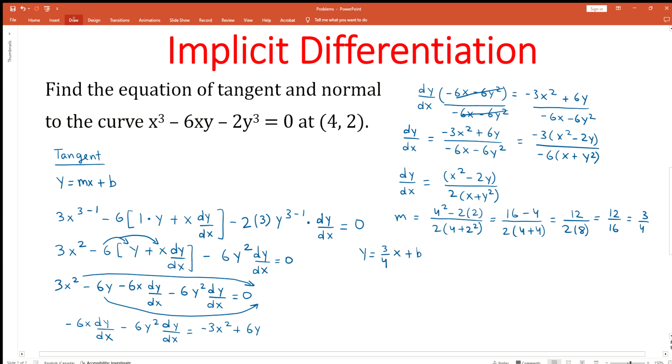Next, we have to find the value of b, or the y-intercept for the tangent line. We should sub in the given point 4, 2 as x and y in this equation because the given point lies on the tangent line as well. We should sub in y as 2 and x as 4. 3 over 4 times 4 is equal to 3.